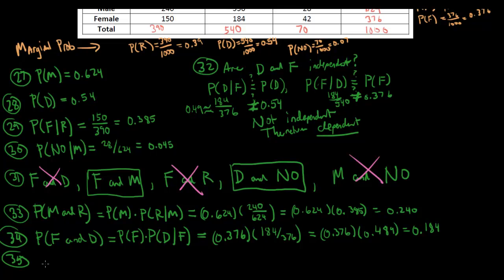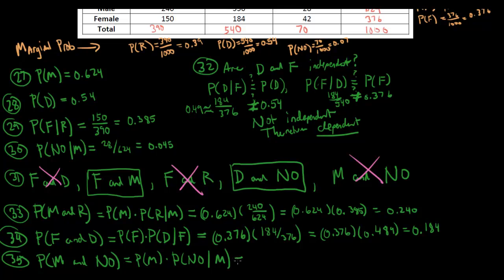Number 35 says we want to find the probability that a randomly selected participant is male and has no opinion. So the probability of male and no opinion. Now, just like before, we can check to see if these are independent versus dependent, or we can just save ourselves the time and calculate the probability of male times the probability of no opinion given male.